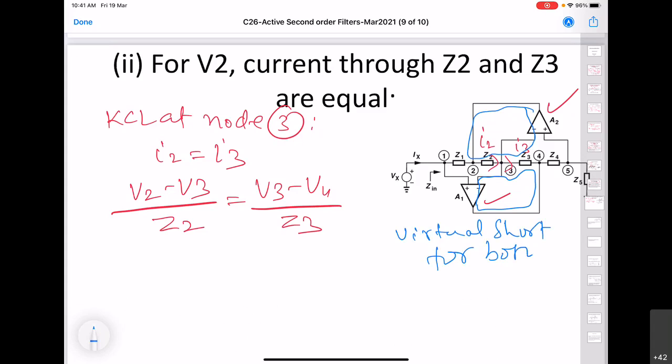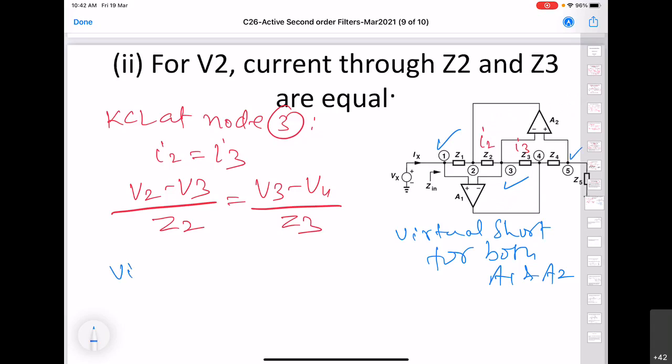So virtual short is applicable for both op amps A1 and A2. That implies that the voltages at V1 and V3 are equal, and similarly V3 and V5 are equal.